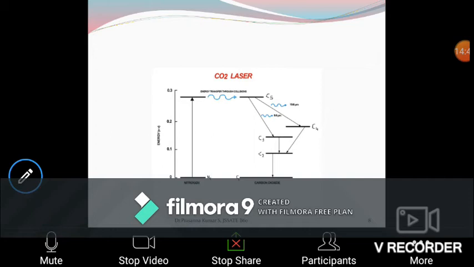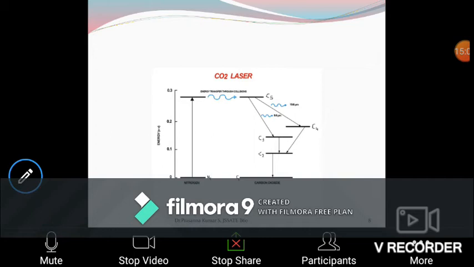This is called inelastic scattering. It is a resonant transfer of energy.